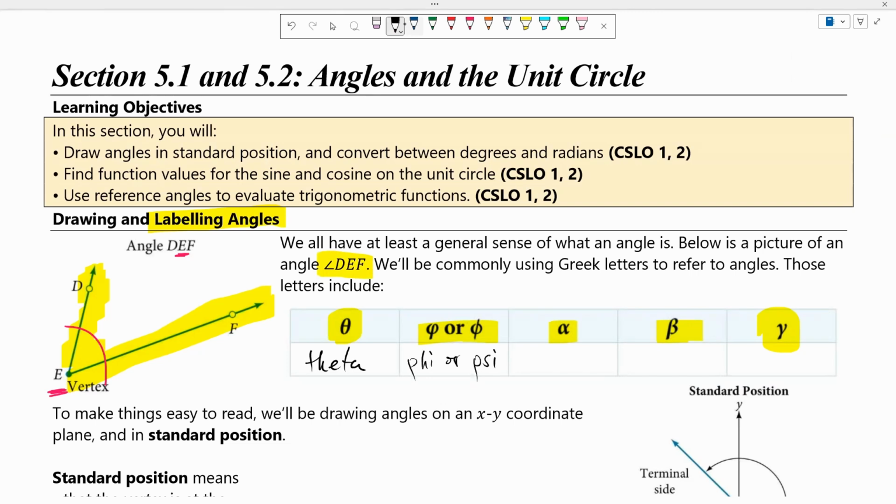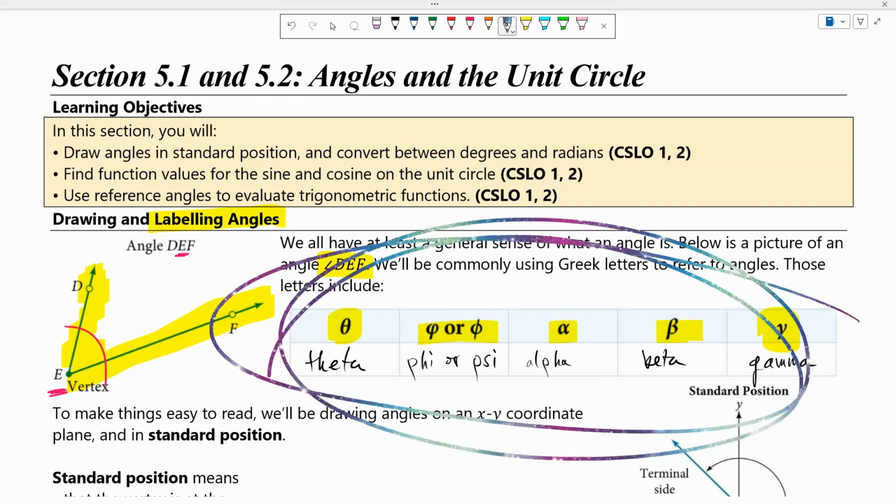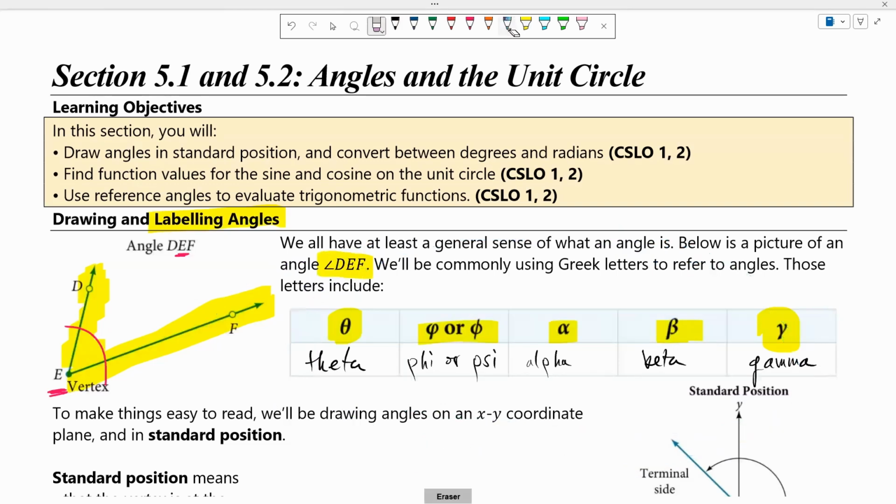This is alpha, beta, and this is gamma. On a regular basis, when we study trig, the thing that we use the most for angles are the Greek letters. If you don't know them, that's okay. In our studies, we'll pick them up. But just know that usually when you see Greek letters, we're referring to angles.